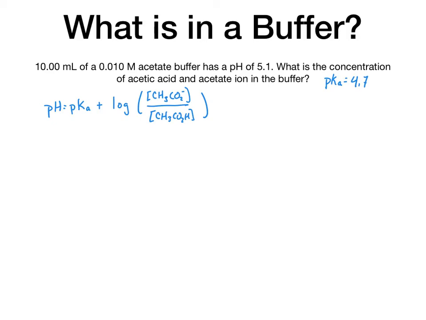And so this has a pH of 5.1 equals 4.7 plus the log of the concentration of the acetate divided by the concentration of the acetic acid.